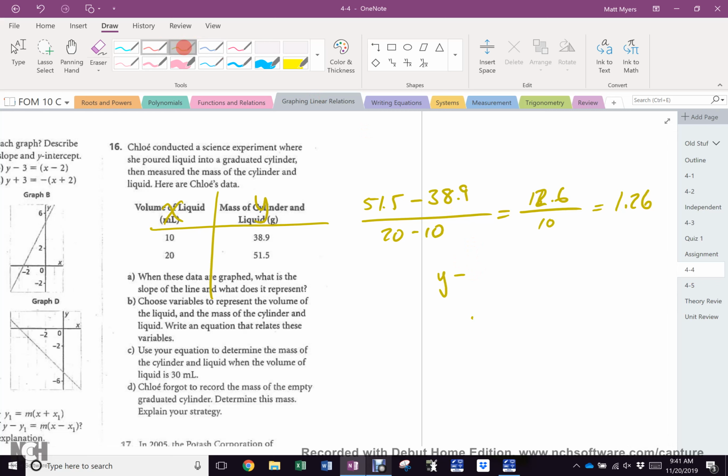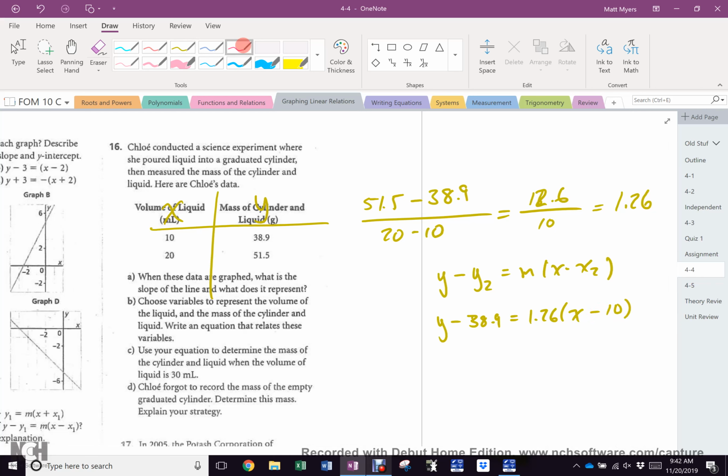Yes, y minus, okay, you want to write it that way, y minus y2 equals m times x minus x2. These are the points I know, yes? So what are the points I know? Ten is a y value? 38.9 equals, what's my m? 1.26 x minus 10.